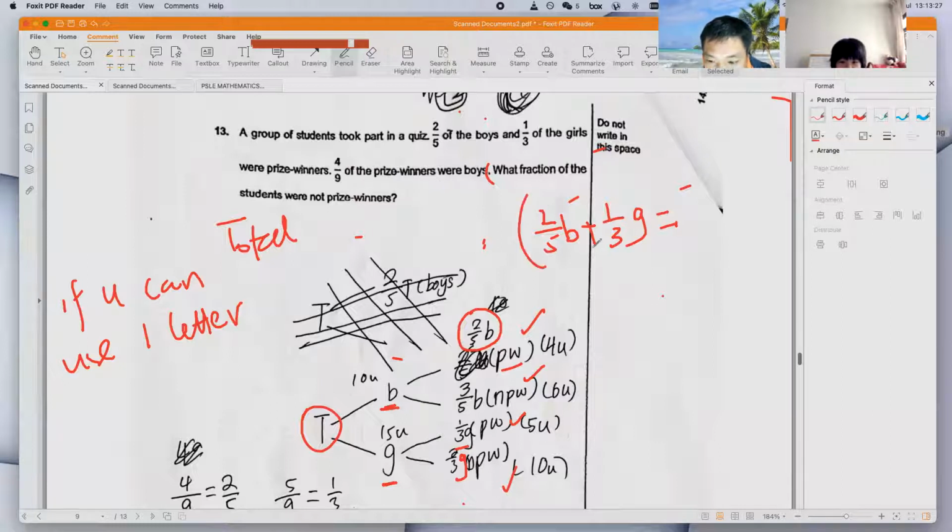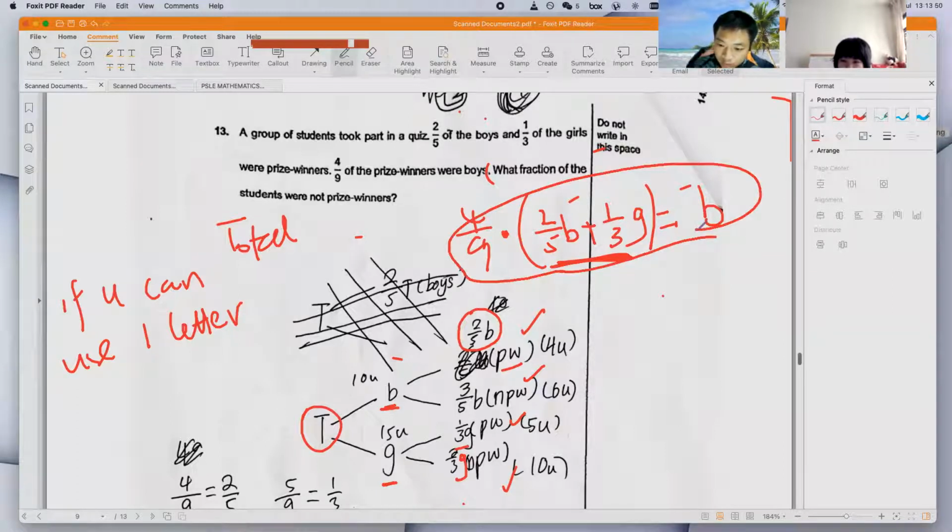So that means 4/9 of the prize winner. Prize winners are here, right? So 4/9 of this prize winner, they were boys, equals to B. Okay. So this is the equation you found.